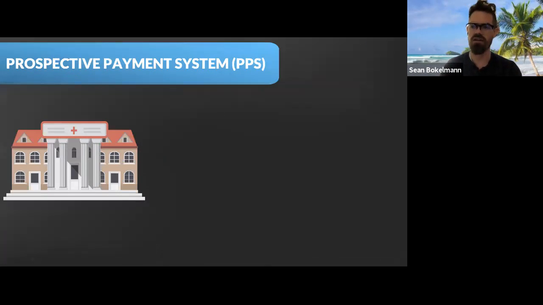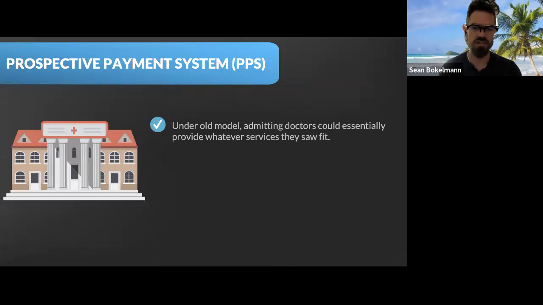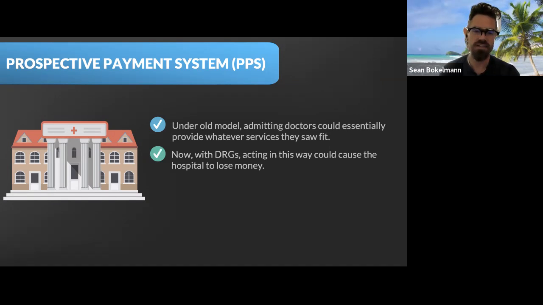Provide them with more funding if the illness is more complicated, essentially. So if we compare this to the old model, doctors on the medical staff could basically provide whatever services that they saw fit, right? But with these DRGs, if they continued to behave in this way, the hospital would ultimately start to lose money.